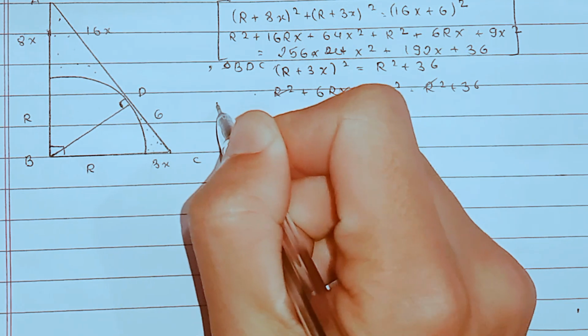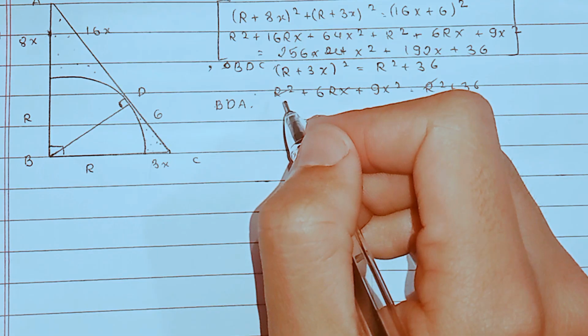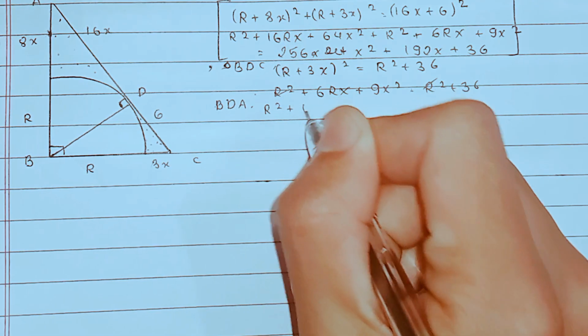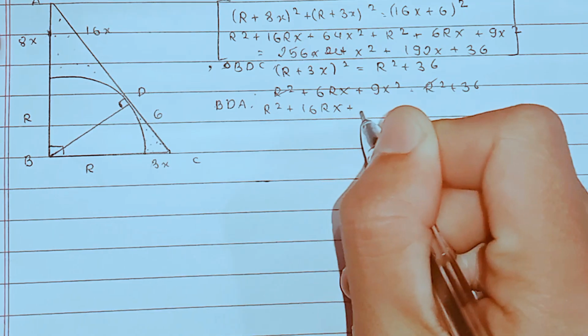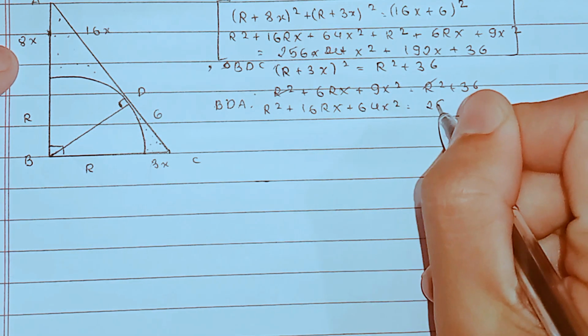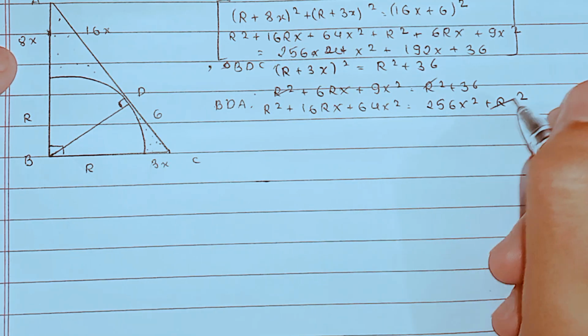In triangle BDA, we have (r + 8x) whole square, that is r square plus 16rx plus 64x square, equal to 256x square plus r square. So we can cancel out r square.